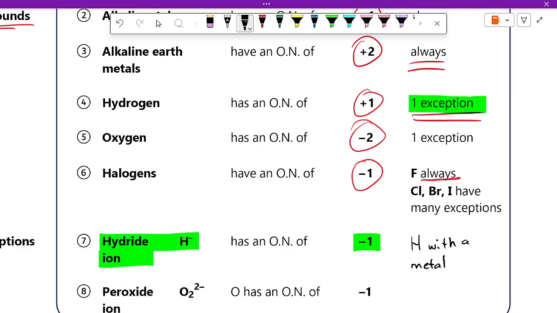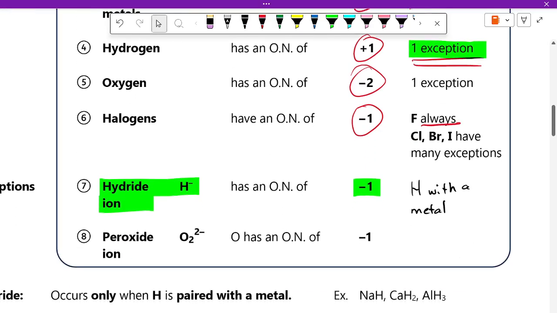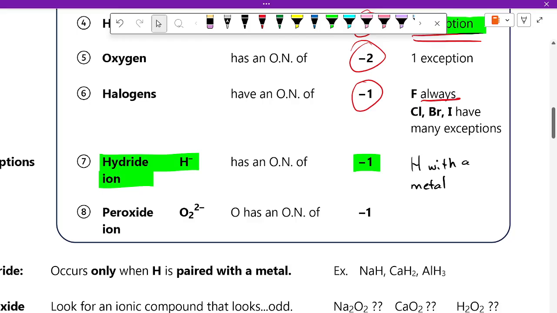It's usually not. Peroxide is usually paired with a metal because it is an ion. So don't be looking for peroxide in an organic compound. Do not look for peroxide unless it is hydrogen peroxide or a metal peroxide. Okay?